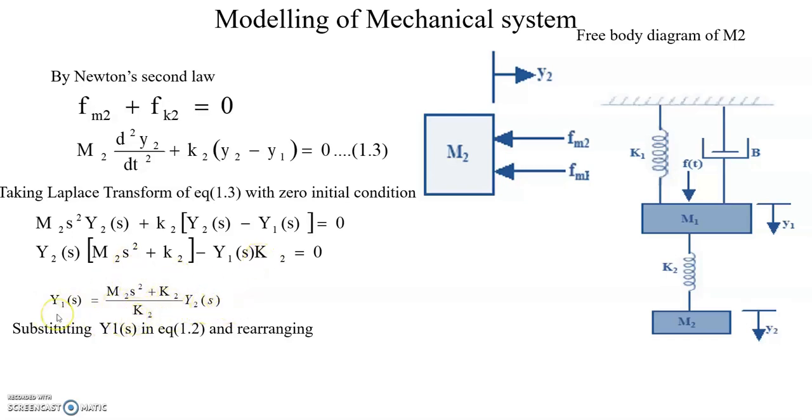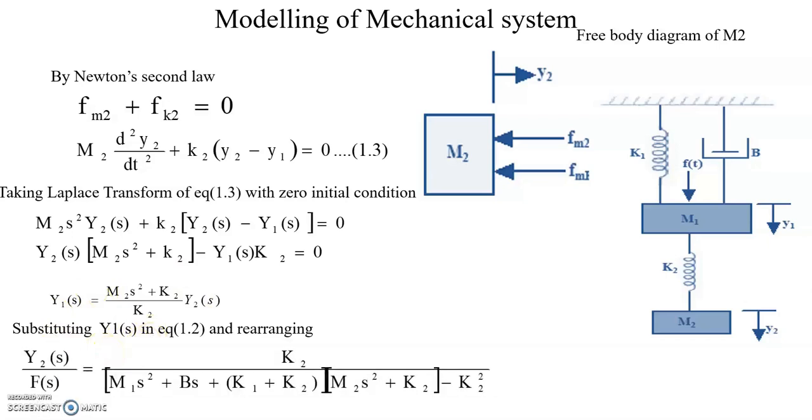Substitute this y1 of s in equation 1.2 and rearrange. You can obtain the transfer function of the given mechanical translation system: y2 of s by f of s is equal to k2 by m1 s square plus bs plus k1 plus k2 into m2 s square plus k2 minus k2 square.